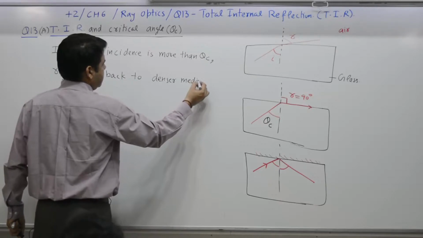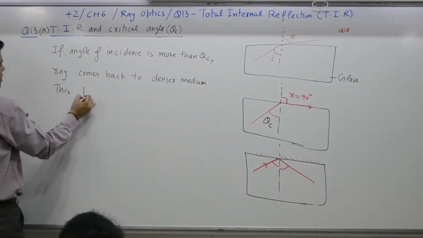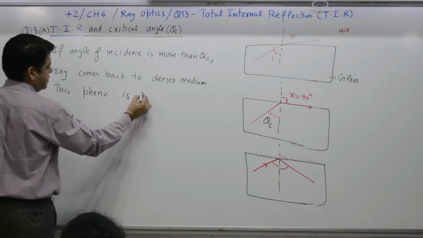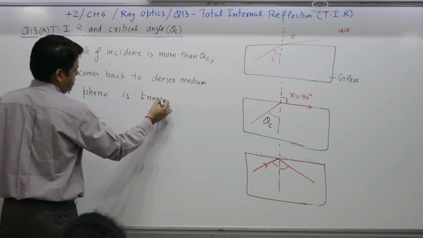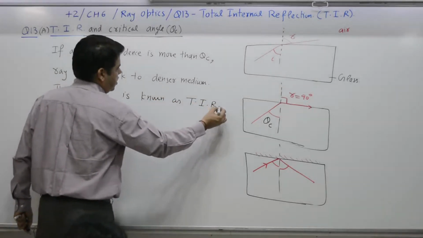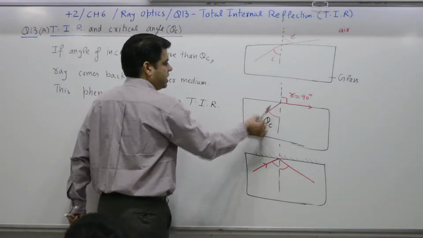In this case, it is glass. This phenomena is known as TIR, total internal reflection. What is the condition for theta critical?